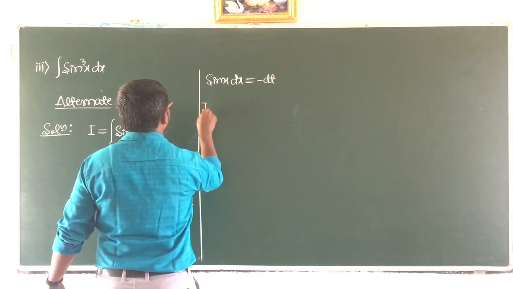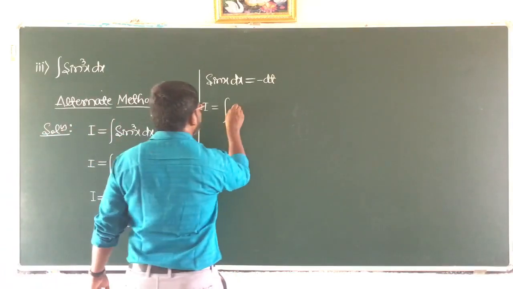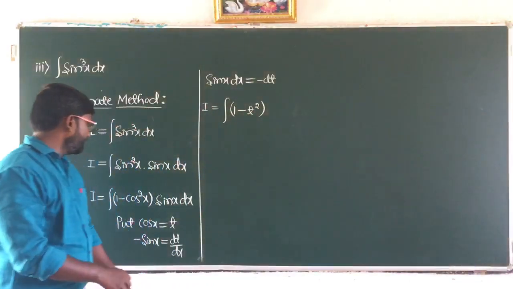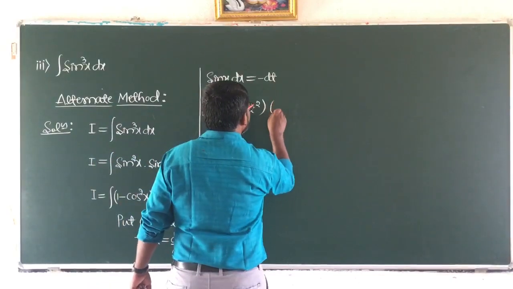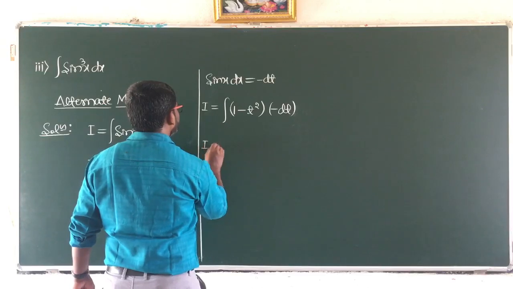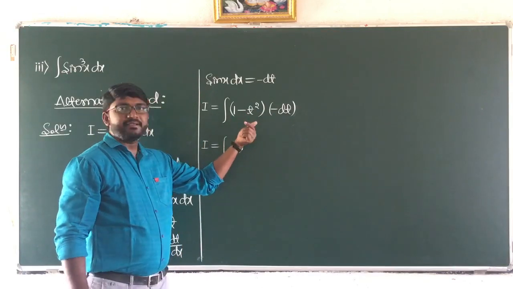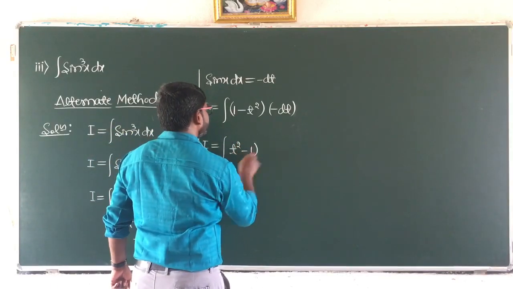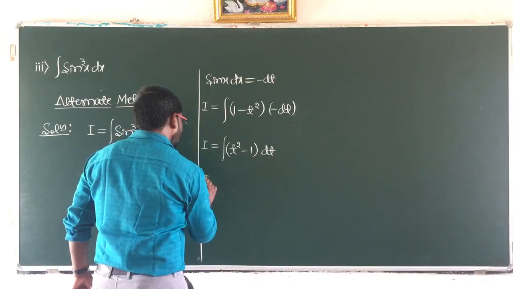Rewrite the integral. I which is equals to integral 1 minus t square, sin x dx will be minus dt. So now I which is equals to integral. So if you multiply minus with this, the terms will be reversed. Here we get t square minus 1 dt. So integrate, then separate it out.